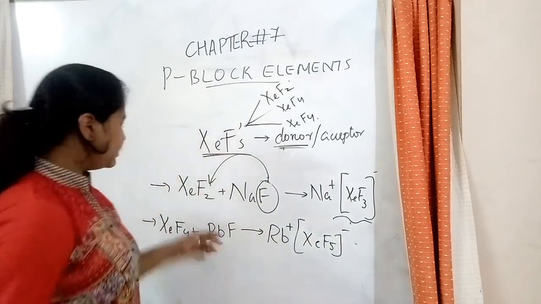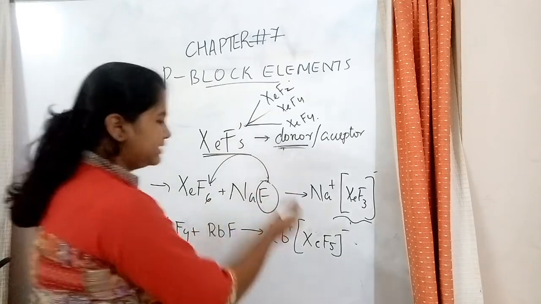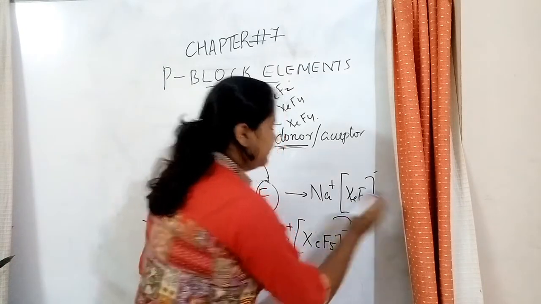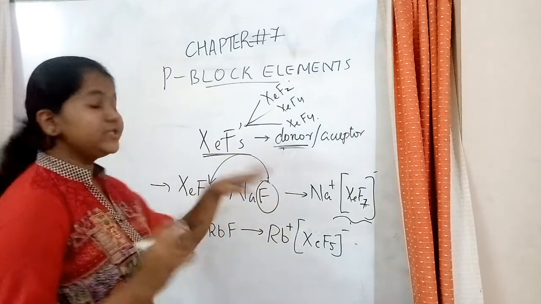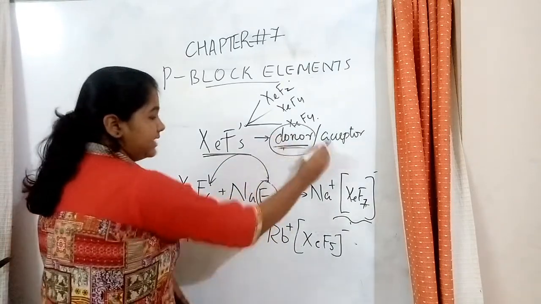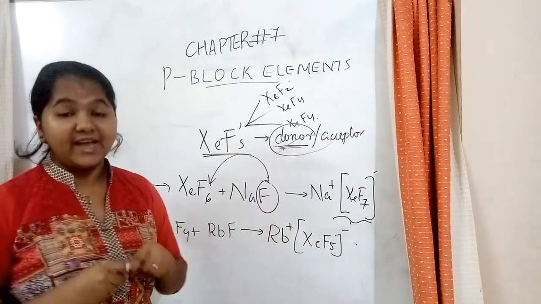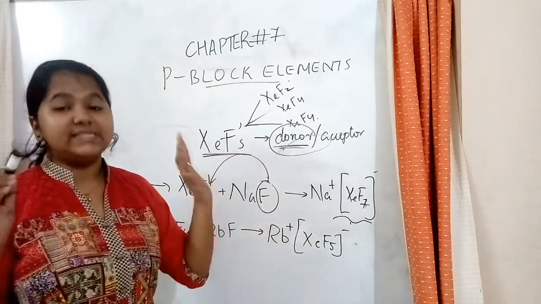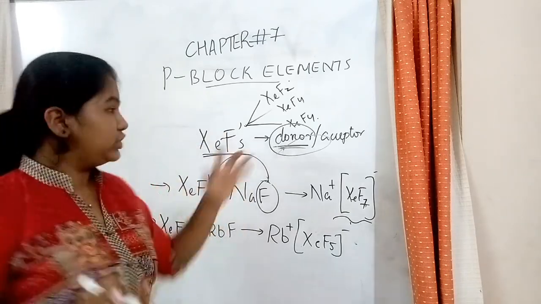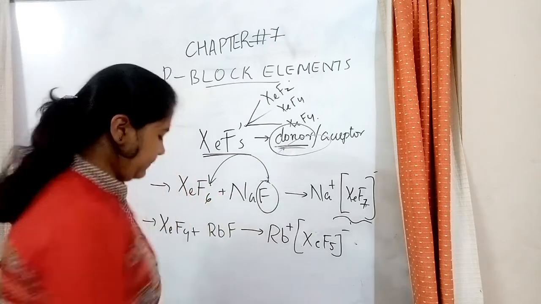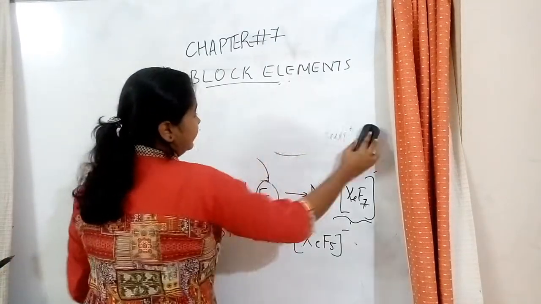The same way, if you substitute this with 6, this would become 7. See, these are the equations that we have to learn. You can substitute any of these donor atoms and it is easy to write. So this is what happens when xenon fluorides have a reaction with donor atoms. So now let's see with the acceptor atoms.